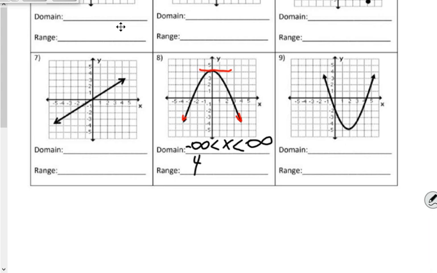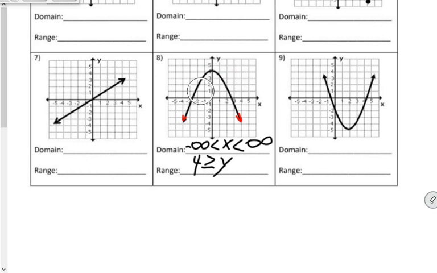Okay, our maximum value is 4. All our y's have to be less than or equal to 4. So 4 is greater than or equal to y. Or you could say y is less than or equal to 4. If it's opening up instead of down like this one is, it would be greater than or equal to the number.